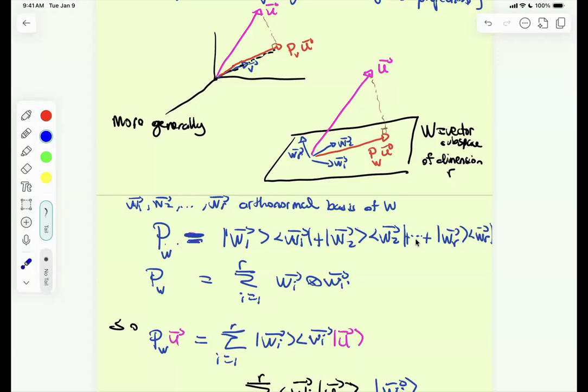You distribute the dot product: u dot wi minus PW u dot wi equals 0. And that tells you that u and PW u have the same dot product with each of the basis vectors. So u dot wi is equal to PW u dot wi. Yes, and that's why it's called an orthogonal projection, because that is what enforces that you can replace the vector with the dot product of the projection.